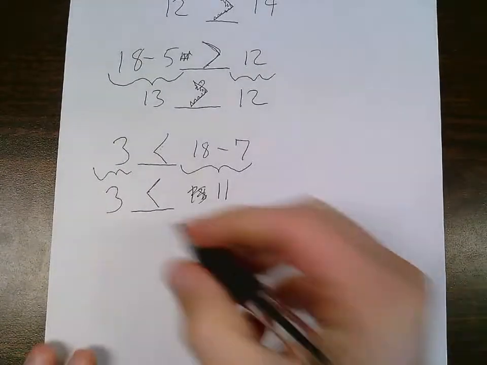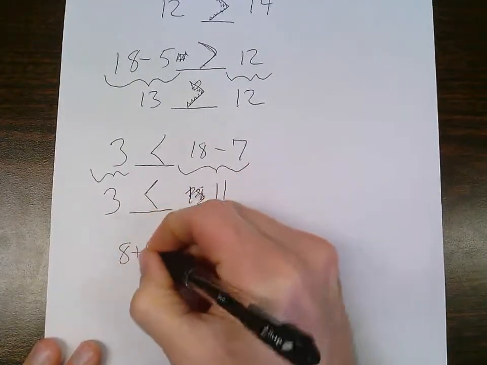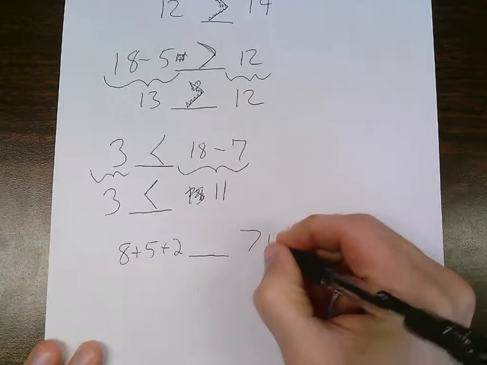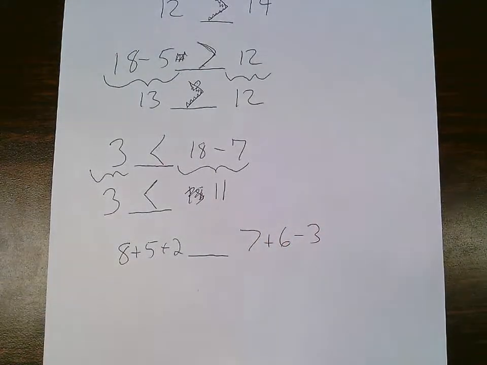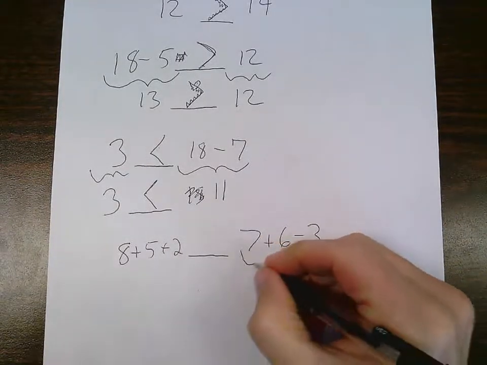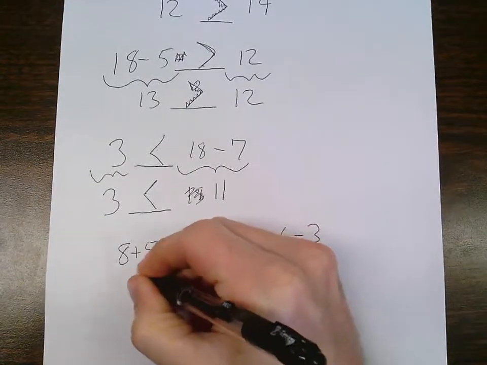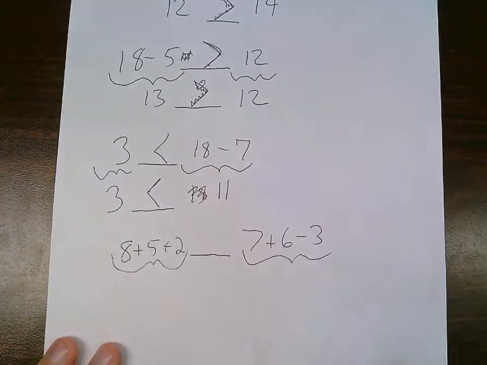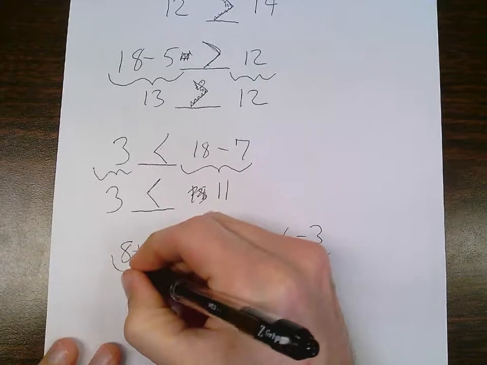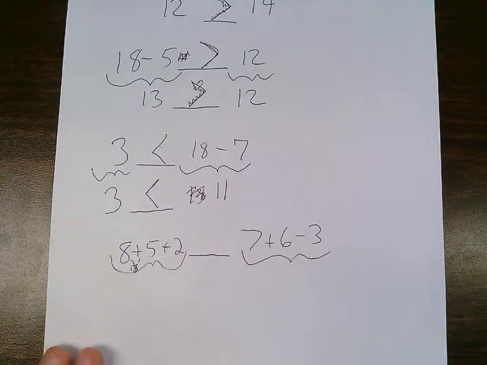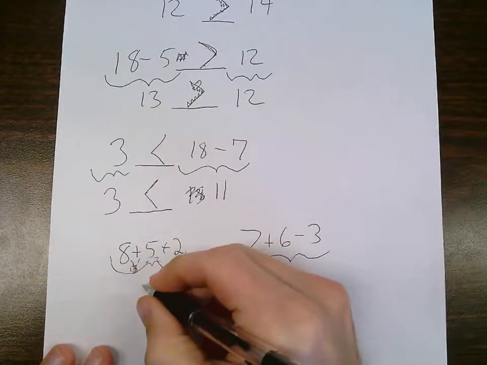And the last one. This one will be a little bit more complex, a little bit more difficult. So 8 plus 5 plus 2 something 7 plus 6 minus 3. So I see nothing here is an alligator, nothing here is an alligator, so that has to be my alligator. The equation is split apart at the alligator, and I'm going to simplify this side. 8 plus 5 is 13 plus 2 is 15, so this side over here is 15.